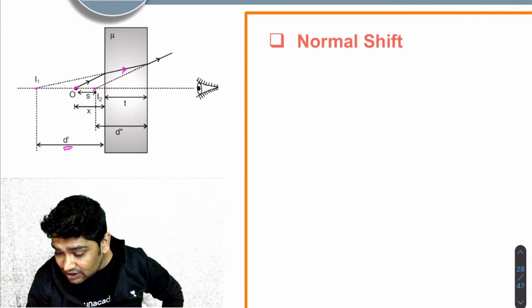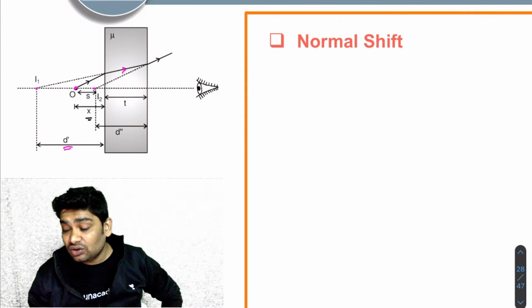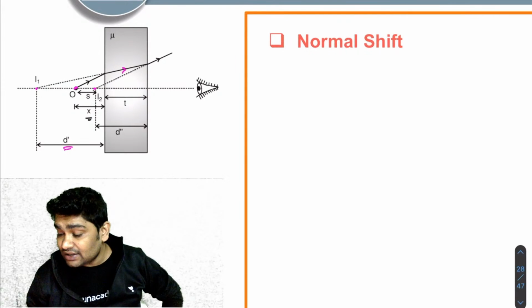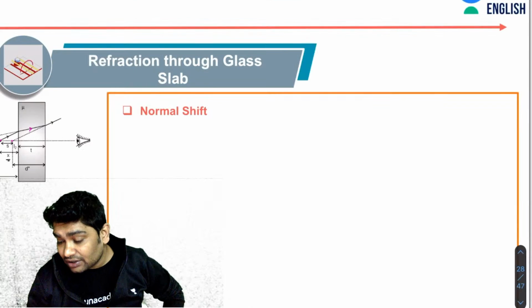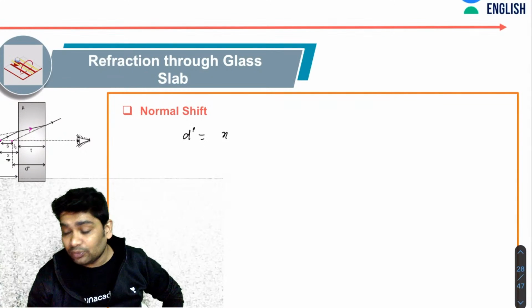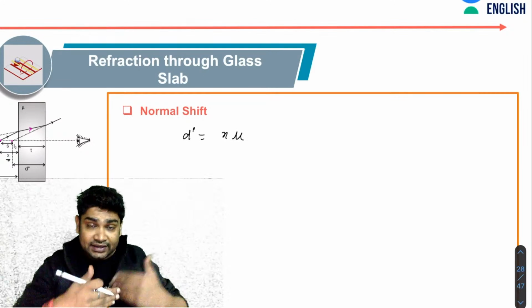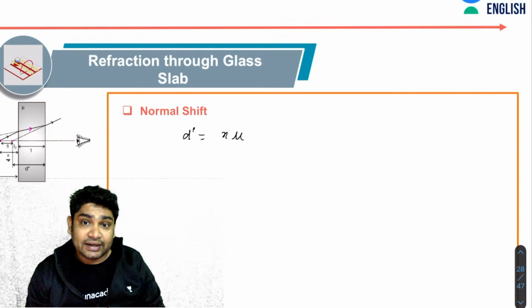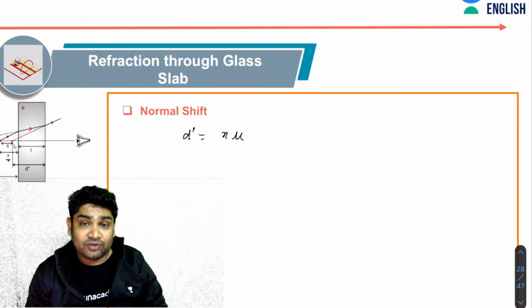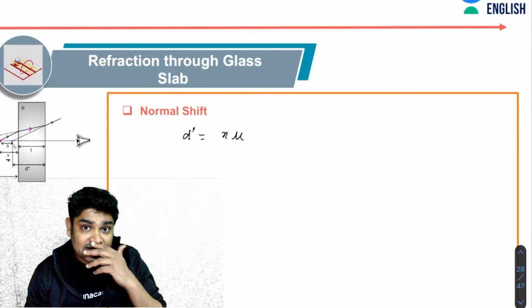If the original distance was x, from the denser medium, d dash would be equal to x times mu. The distance would have appeared increased. I told you this: from the denser medium, the distance appeared increased.